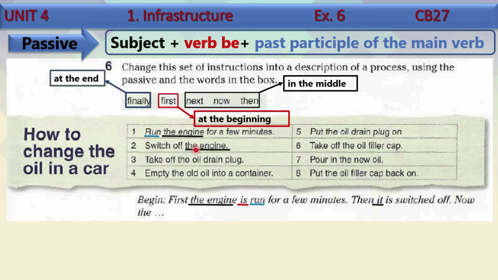And the verb to be is is. And then we need the past participle of the main verb. And what is the main verb? It is switch off. And the past participle of switch off is switched off. Very good.